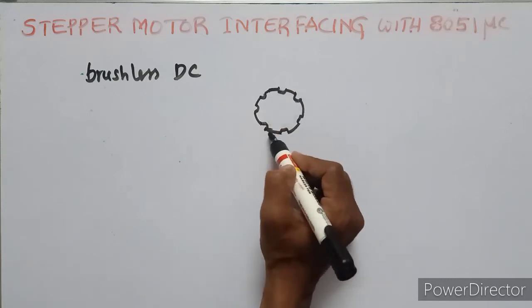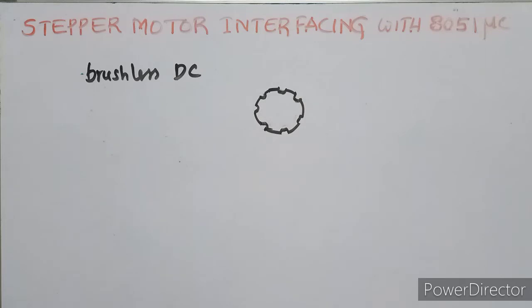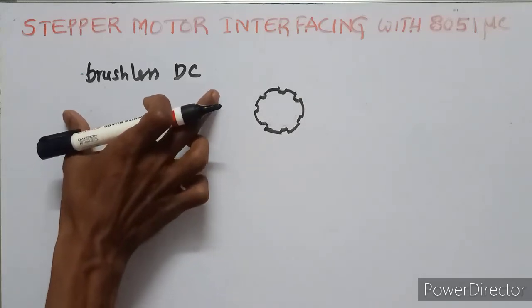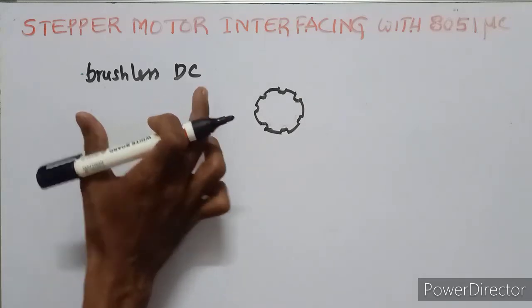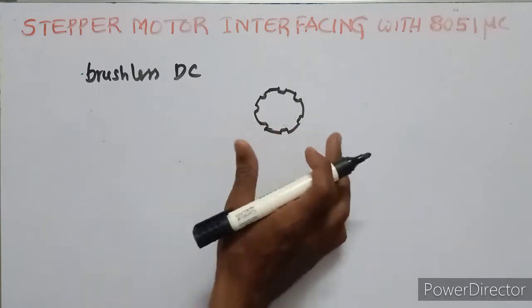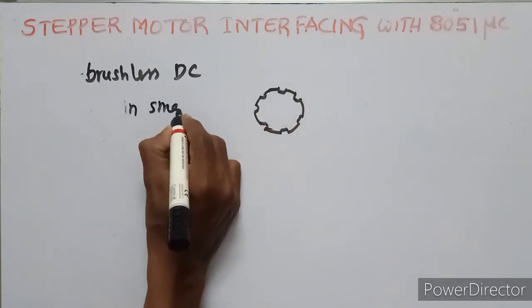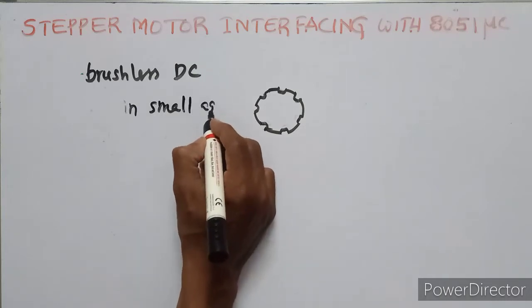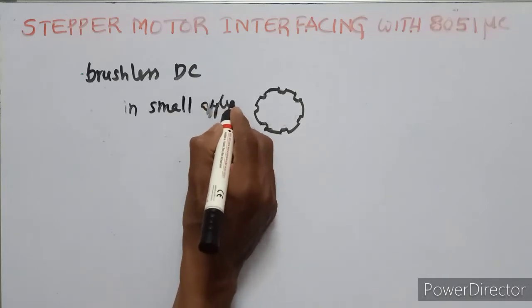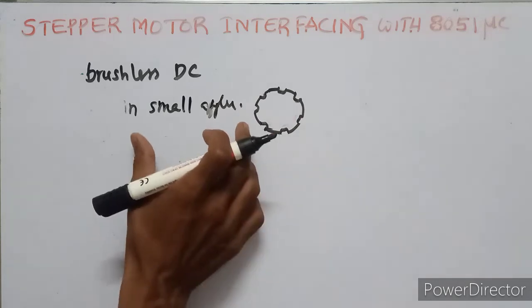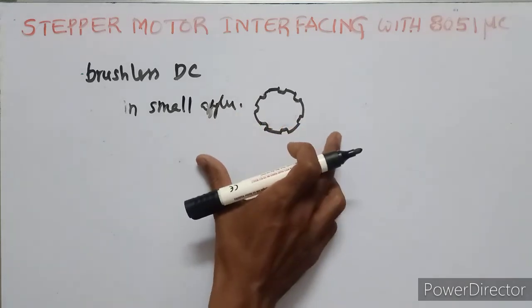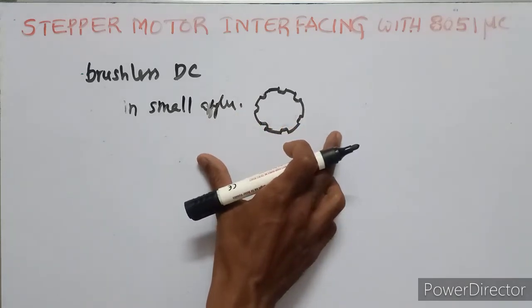These are all steps. A stepper motor is a brushless DC motor which can be rotated in small angles. These angles are called steps.